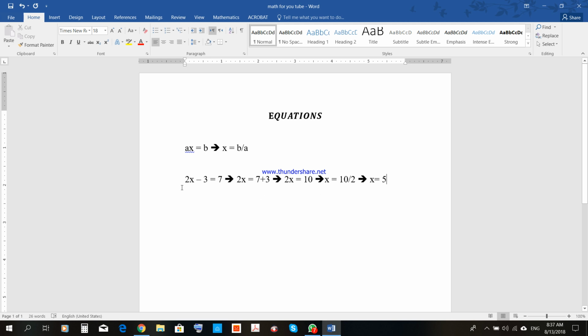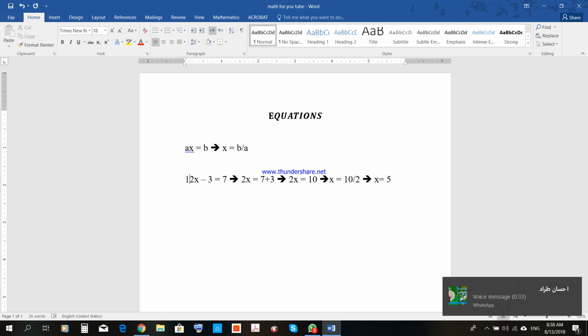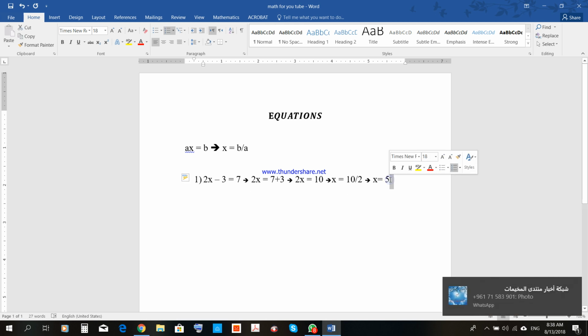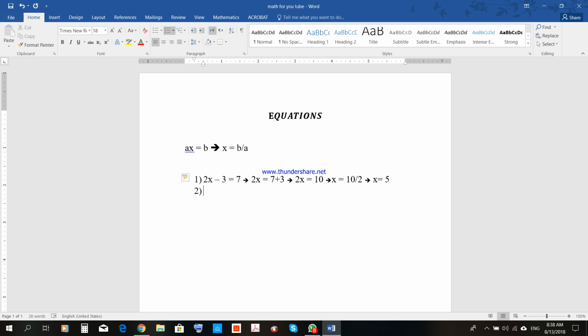And with respect to unknowns taken from the right side to the left side, you must change their sign. Example, we have 3x minus 10 equal 2x minus 7.